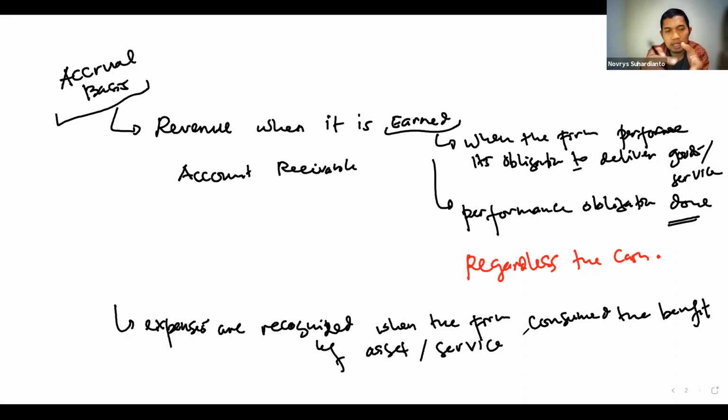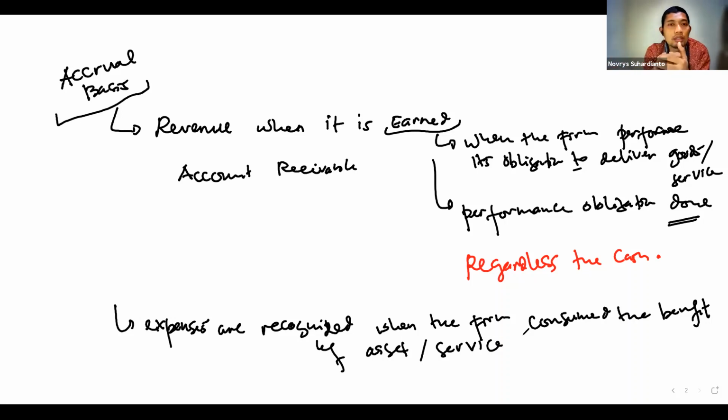So once the company consumes the benefit of an asset, like supplies, the company should record an expense to report that the business already consumed the economic benefit of an asset or service.